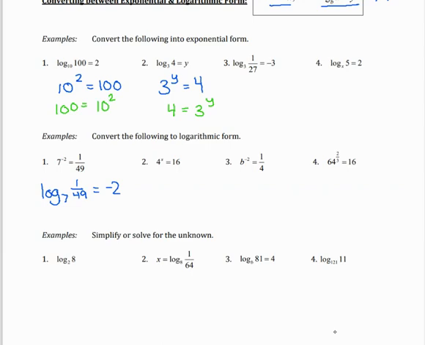Let's do another one. The next one, log base 4 of 16 equals my exponent. Now, here's where this comes in handy. On number 2, we could do this out, right? We know 4 squared gives me 16, so I can find x very easily. But let's pretend it was 4 to the x equals 19.